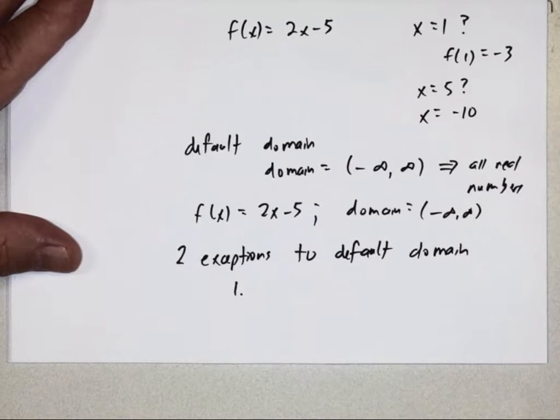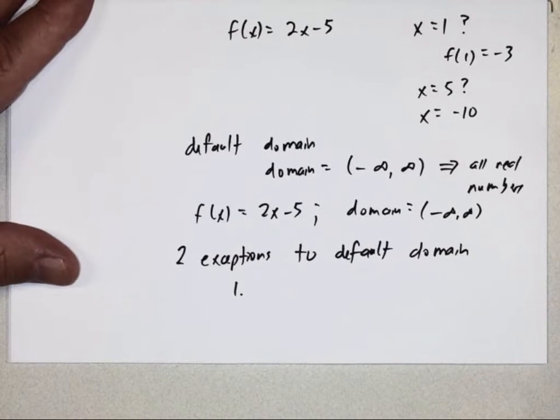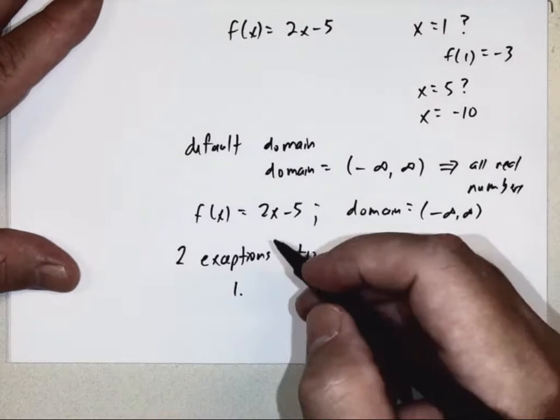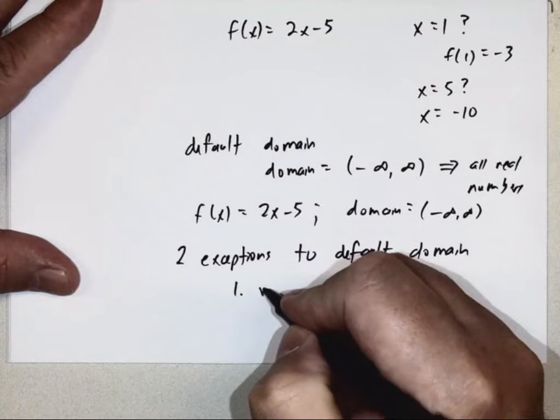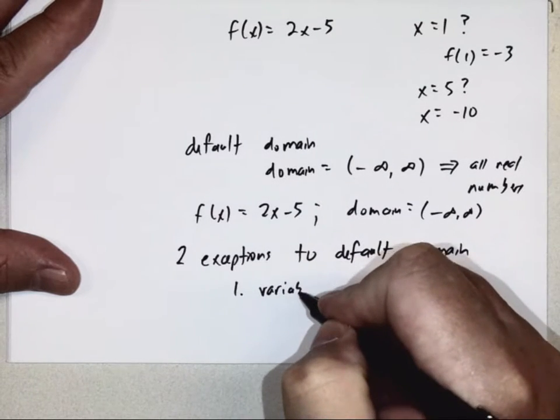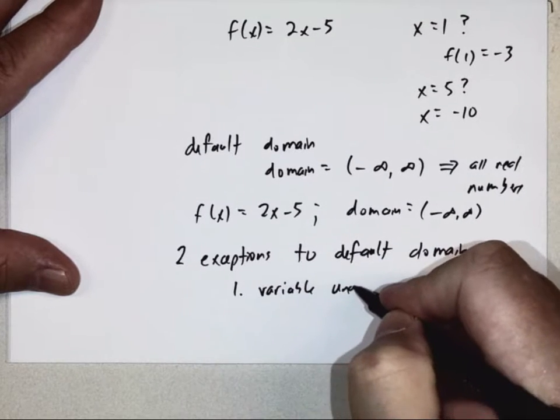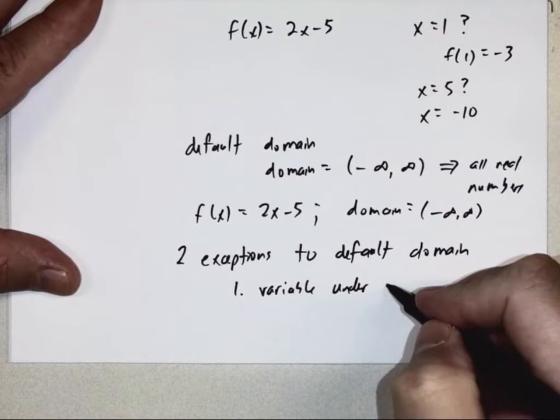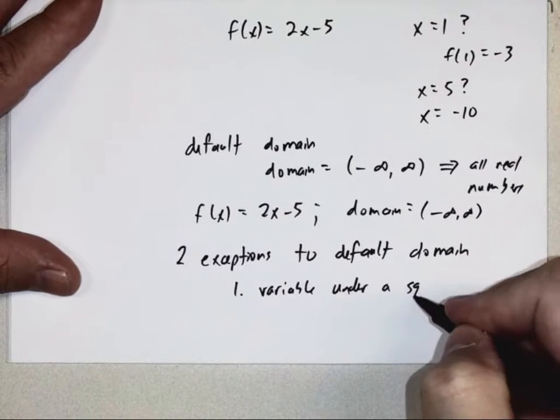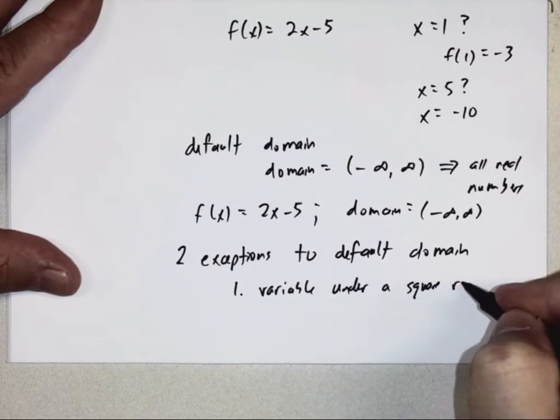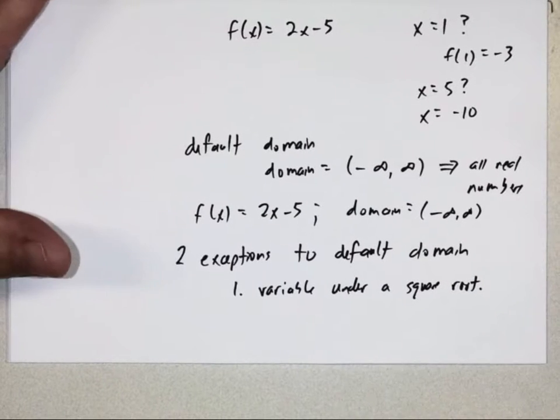And the first exception, the first time that the domain is going to change or be affected, is if you ever have your variable under a square root.